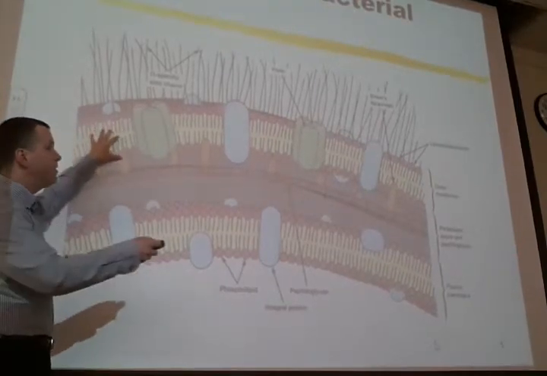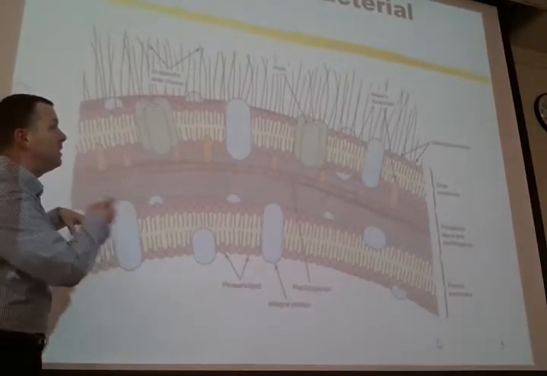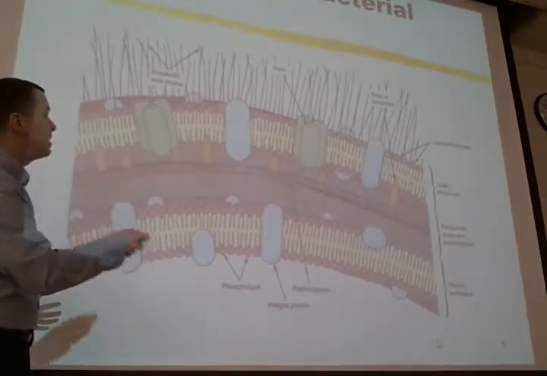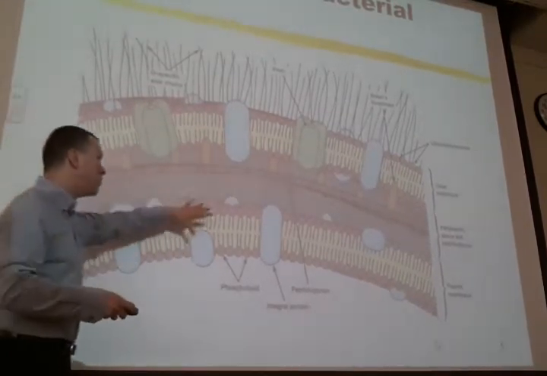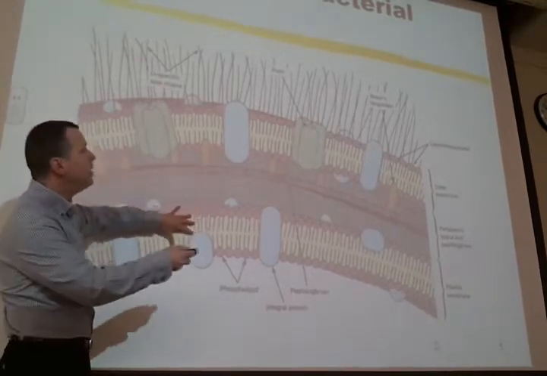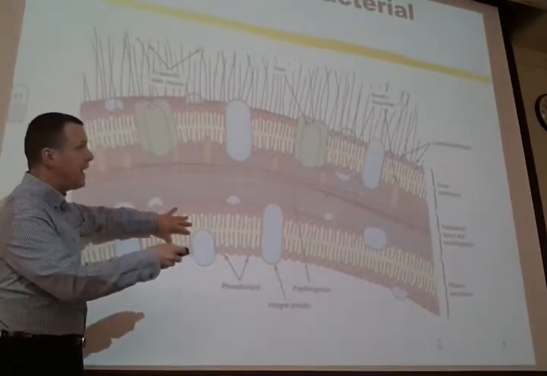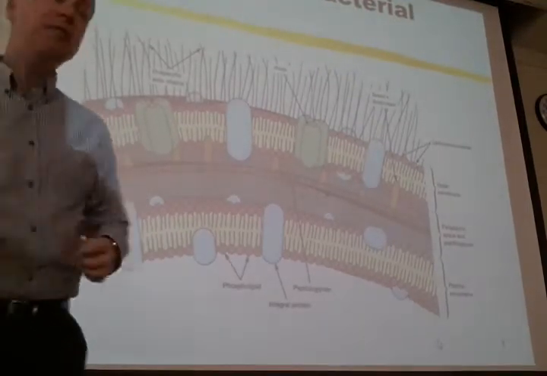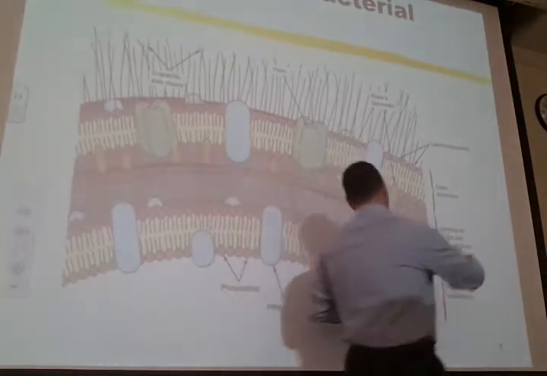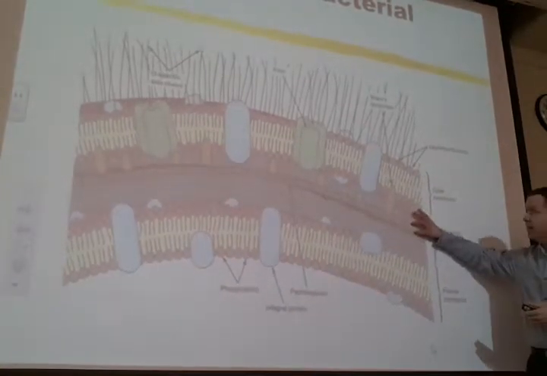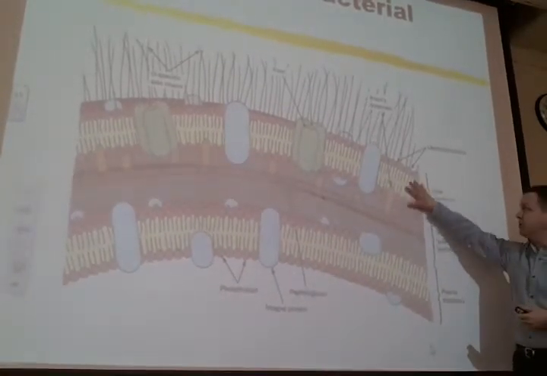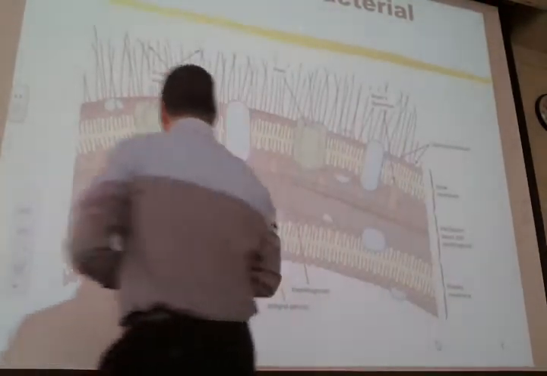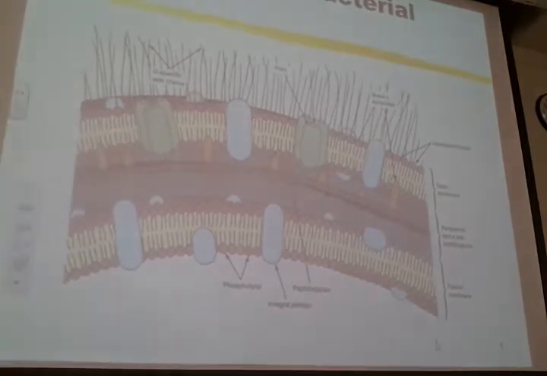There's a second, what looks like a second lipid bilayer, and it is. So it's kind of, in a sense, a second cell membrane, although we don't call it that because this is the cell membrane. So we call this membrane the outer membrane. So for a gram-negative cell, the cell wall is the thinner peptidoglycan layer and this outer membrane. So these two together represent the cell wall. So that's a pretty big difference.